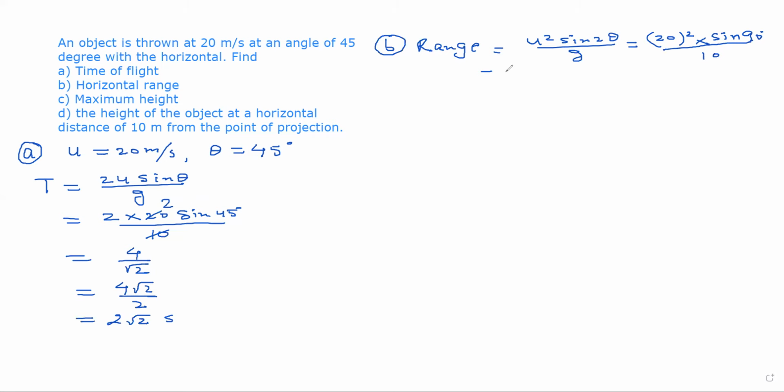So this will give us 400, sine 90 is 1, over 10. So this is 40 meter. This is the range.